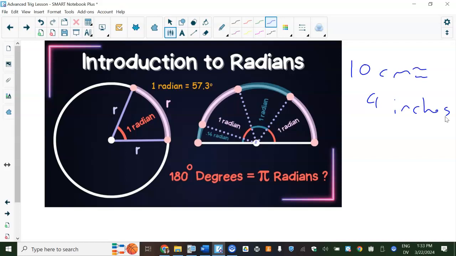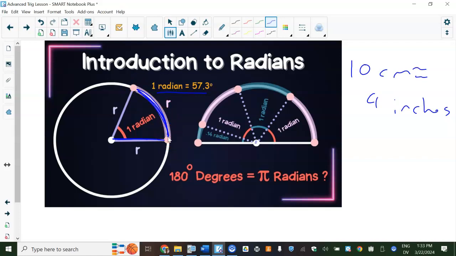Okay, and so here's a slide that introduces you to radians. The basic idea is 1 radian is about 57.3 degrees. Where this idea really comes from is that 1 radian is like 1 radius. If you look at this picture, here's a radius, and if you took it and bent it around the outside, that's the length of that radius.